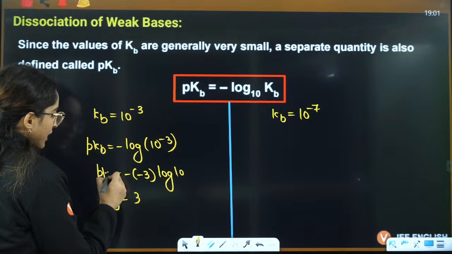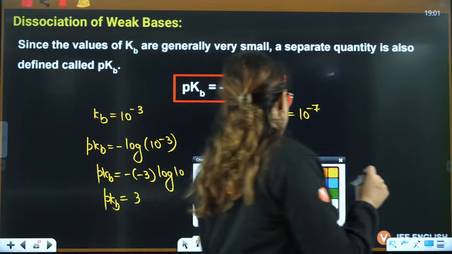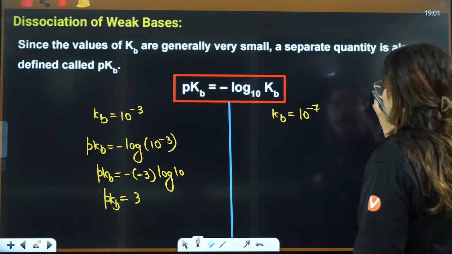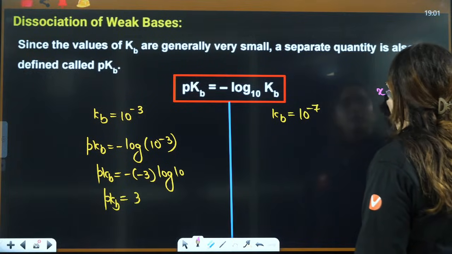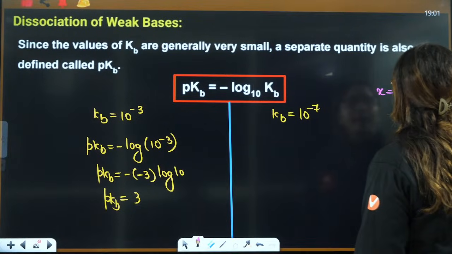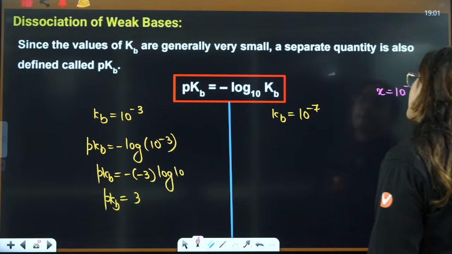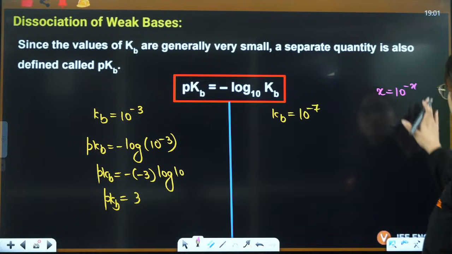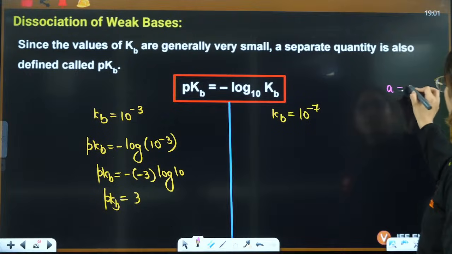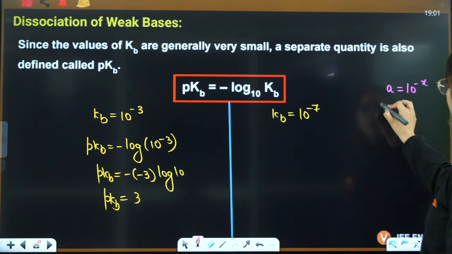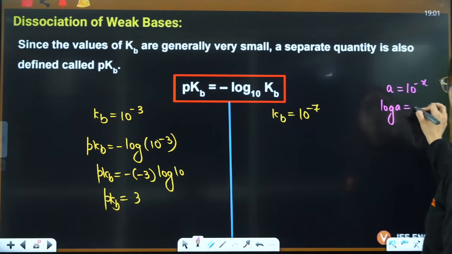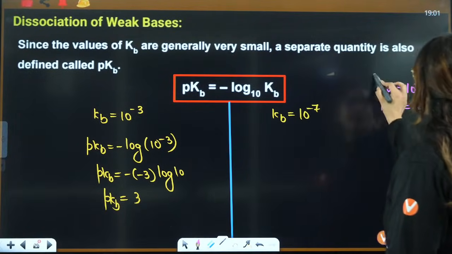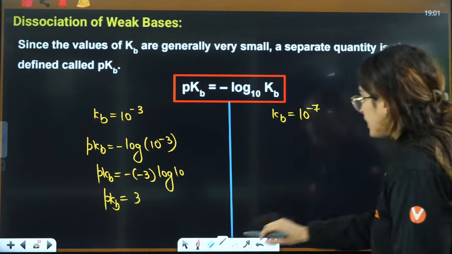So in a similar case, just remember this thing, I'm writing it here. If A is equal to 10 raised to power minus X, then minus log of A is equal to X. Okay, just remember this thing. You don't need to do this again and again. In the exam, you will not do these things, right?